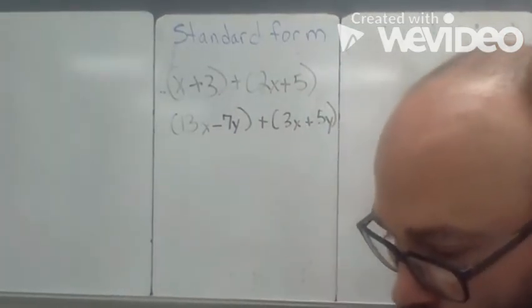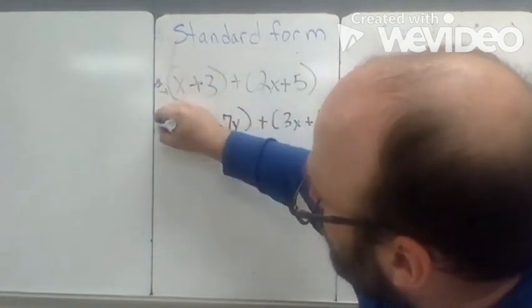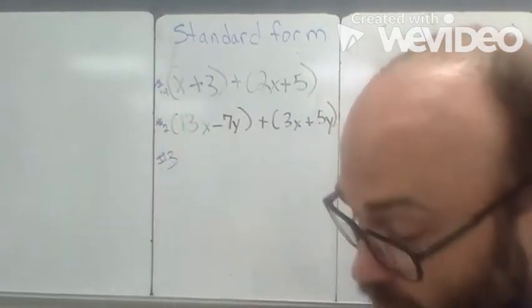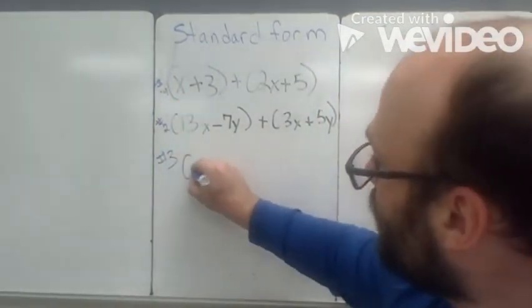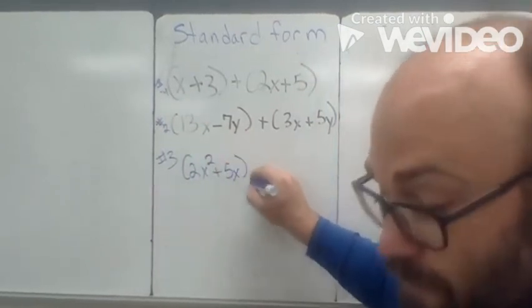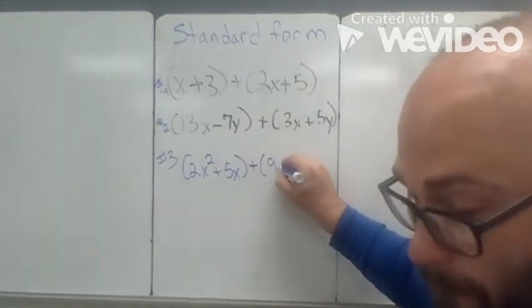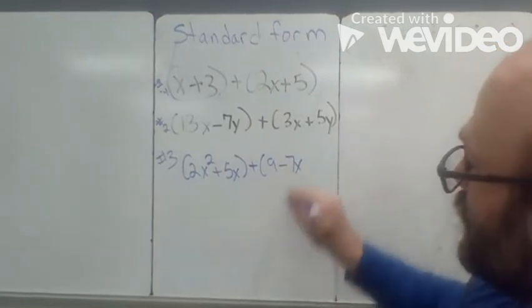We'll do 2 more. So this is number 1, number 2, number 3. Let's go 2x squared plus 5x, and then we have plus the quantity 9 minus 7x. Okay, so plus positive 9 minus 7x.